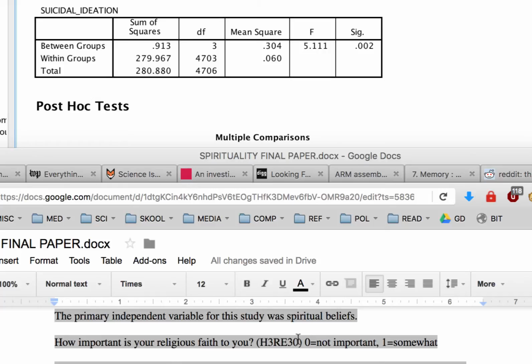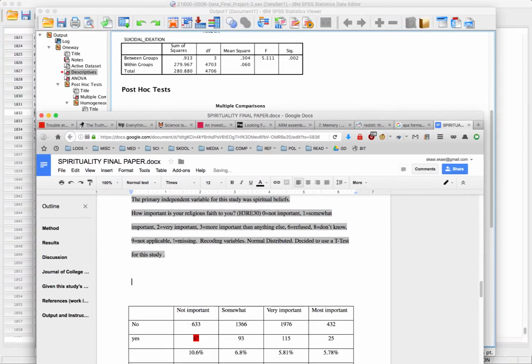Okay, and so here we would just say something like there is a statistically significant difference between the groups or categories, if you like categories, according to one-way ANOVA.